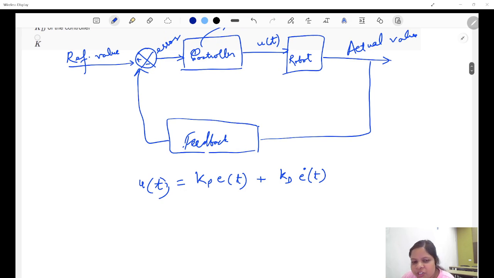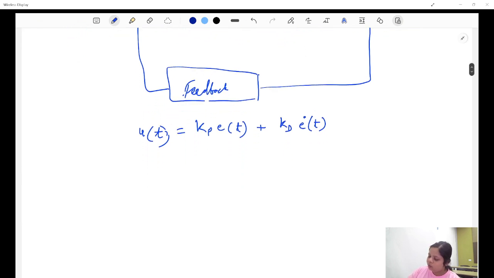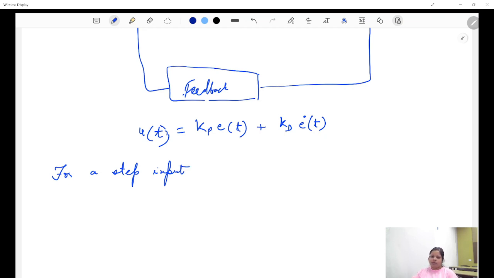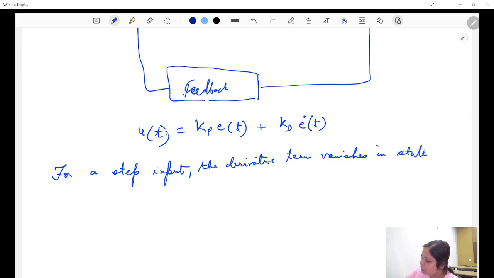Now we actually say this. I'll tell you why we say it, because we should go into the derivation for this. For a step input, the derivative term vanishes in steady state.